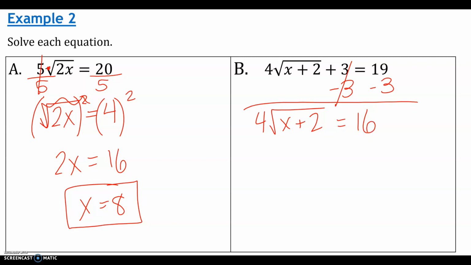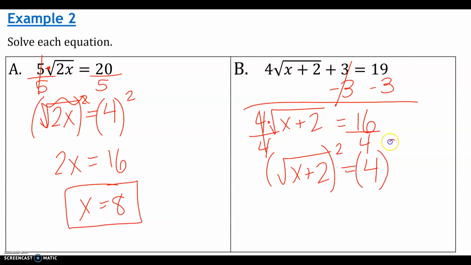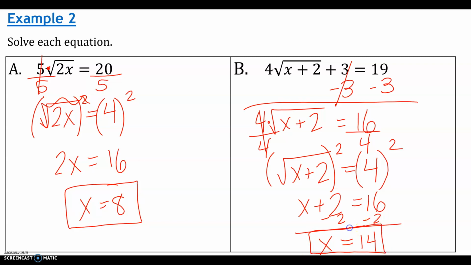Now this looks like letter A, where you can actually divide both sides by 4 and get a whole number. And 16 divided by 4 is 4. Square both sides, you get x plus 2 equals 16. Looks like you're subtracting 2, and your answer is x equals 14.